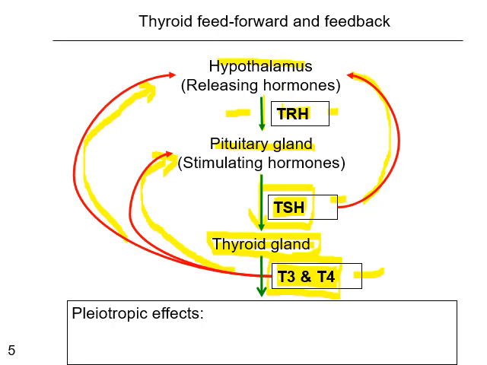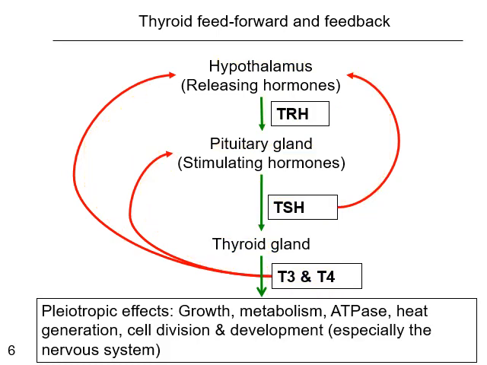So what are the effects of T3 and T4? Well, many. Growth of cells, control of their metabolic rate, control of their ATPase activity and heat production, cell division that you learned about in CGI, cell development, that is to say specialization of cell type, that we don't really cover because we don't have a developmental biology class that would do this in detail, but development of cells is very important.